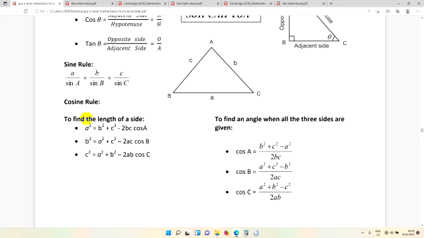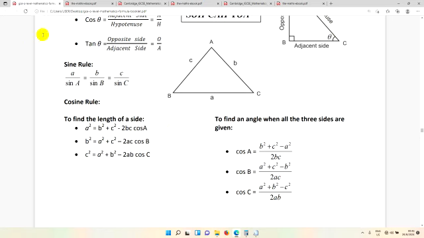Personally, I like the last one. This one: c squared is equal to a squared plus b squared minus 2ab cos C.